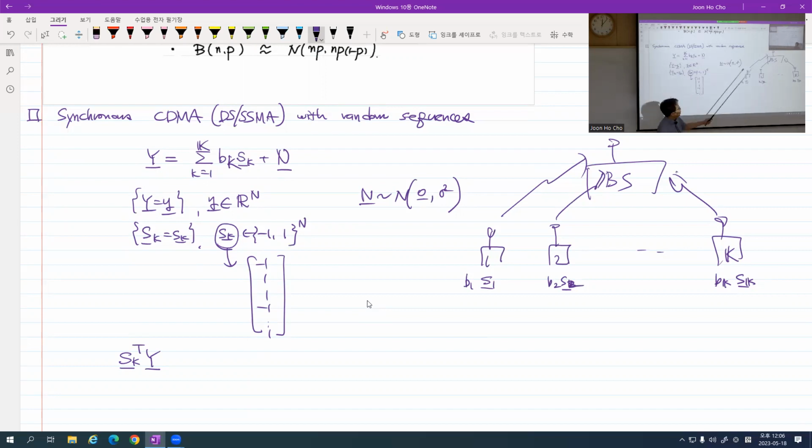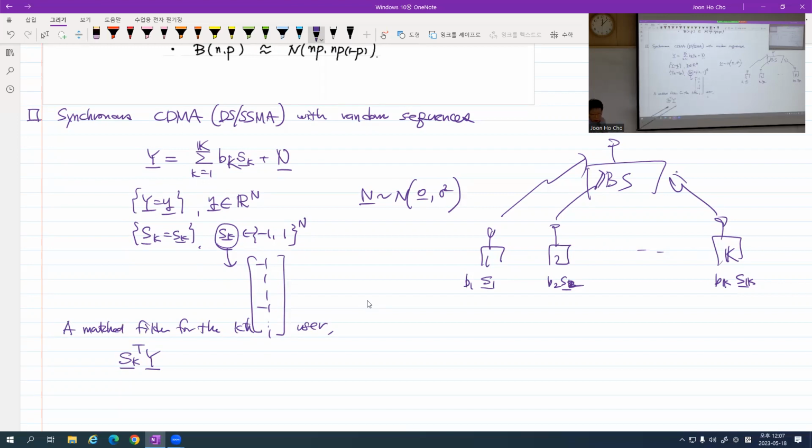So the receiver knows the spreading vector, not the symbol. So the receiver actually implements a matched filter, assuming there is no interference, only Gaussian noise. Then this is the matched filter.